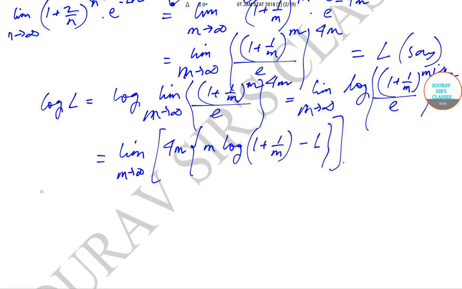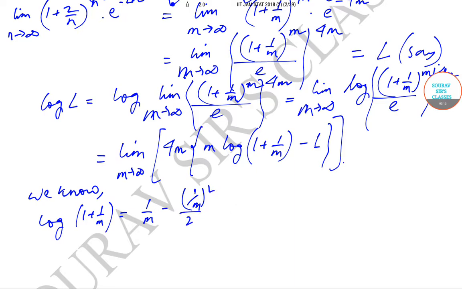Now we know that log(1 + 1/m) is given by 1/m − (1/m)²/2 + (1/m)³/3 and so on. So m times log(1 + 1/m) will be given by 1 − 1/(2m) + 1/(3m²) and so on.